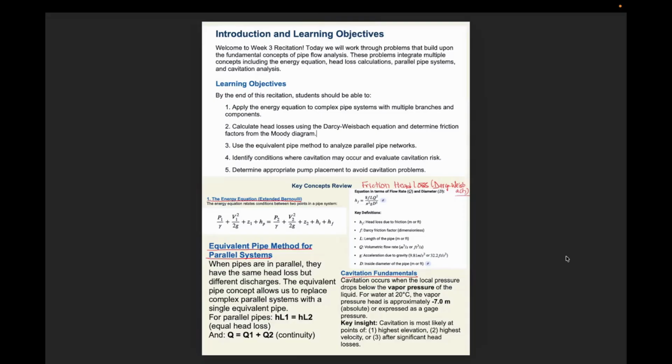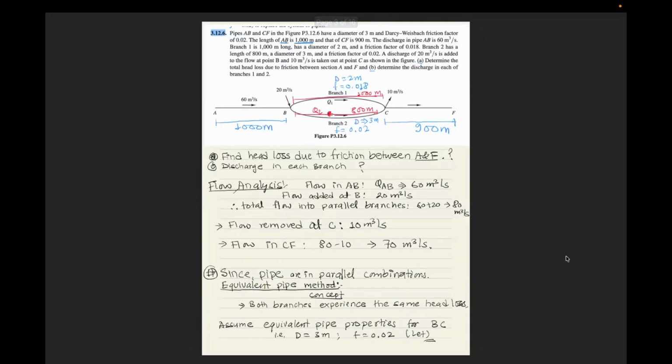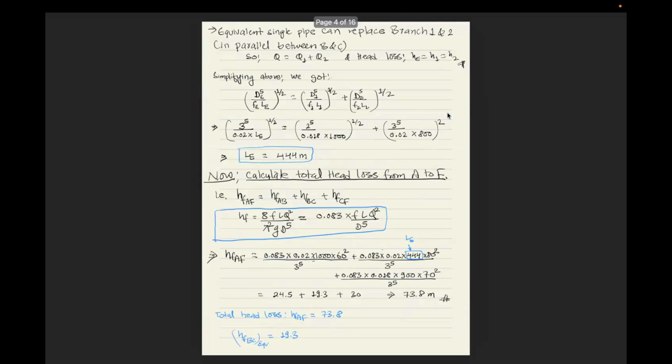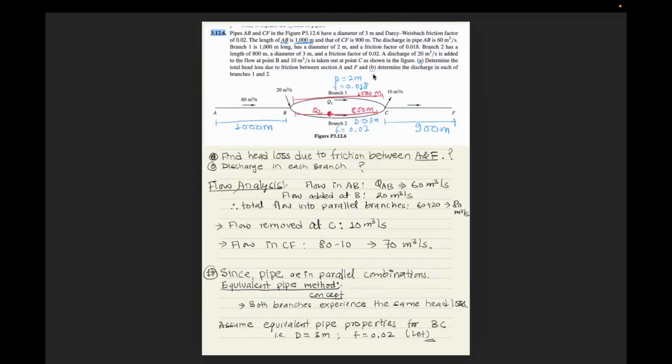Now let's jump into the numerical problems that we are going to solve. So the first question asks us to determine the total head loss due to friction from section A to B, from A to B head loss. And the second one is to determine the discharge in each of branch 1 and 2.